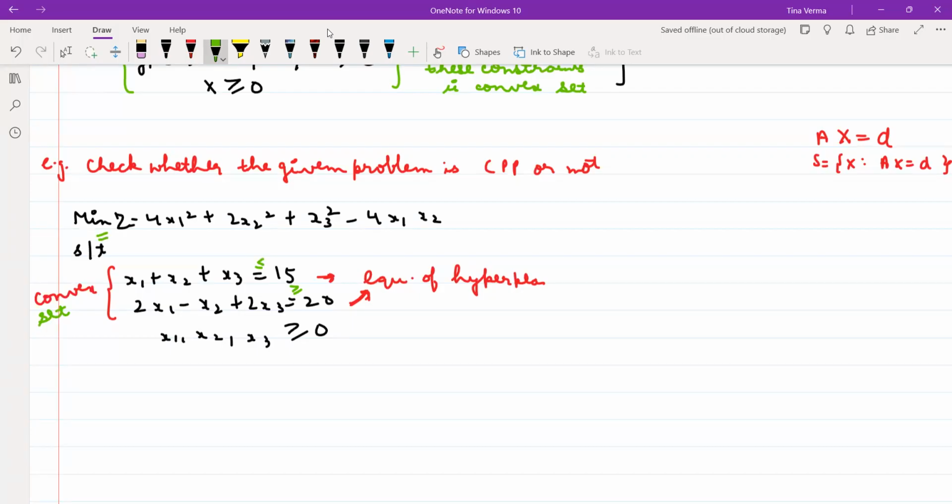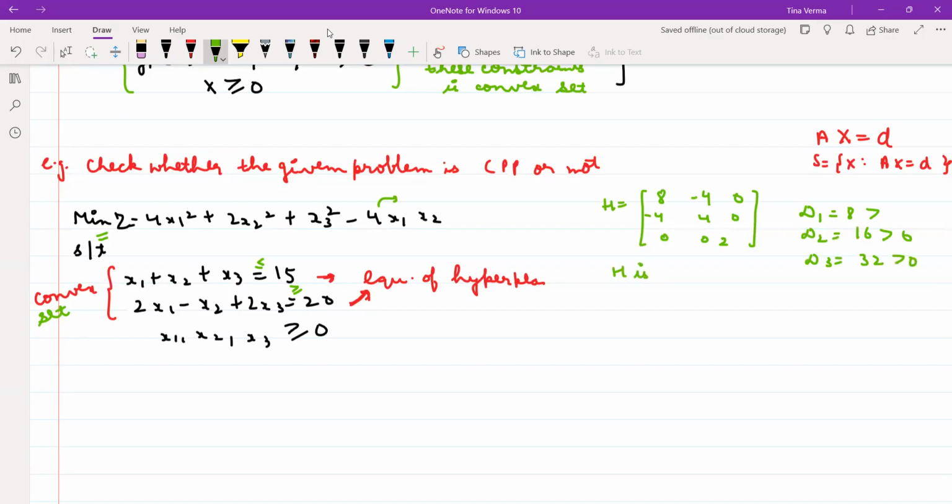The rest is to check. This is my minimization function, so for this minimization, f of x should be a convex function. If you consider the Hessian matrix, it will come out as 8, minus 4, 0; minus 4, 4, 0; 0, 0, 2. You can check here d1 is 8, which is greater than 0. d2, if you take the 2 by 2 determinant, is 16, which is greater than 0. d3 comes out to be 32, which is greater than 0.